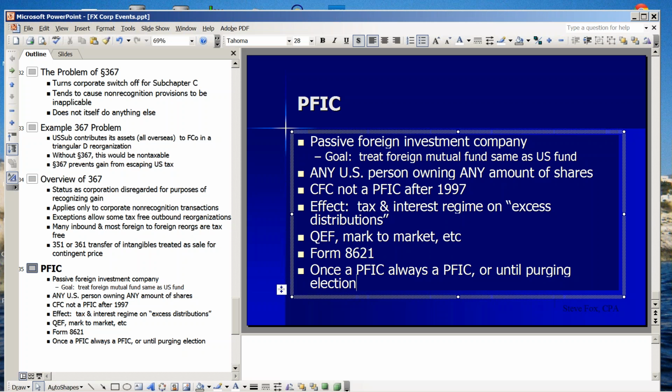There's been a little bit of change in the PFIC rules with respect to partnerships that own PFICs and who makes the election for QEF, mark-to-market, etc. But otherwise, that article is still good. It's not short. So if you want more information on PFICs, I encourage you to read the article.